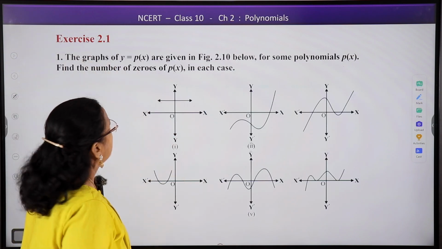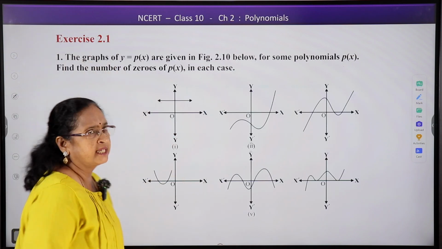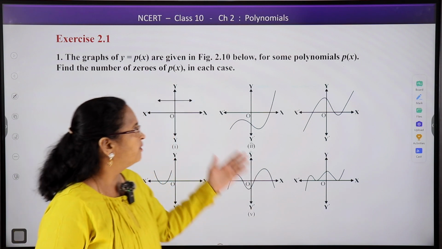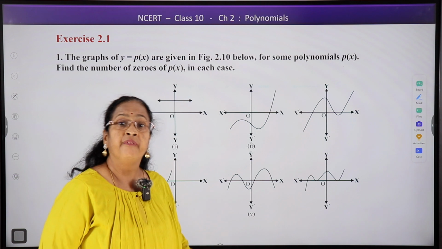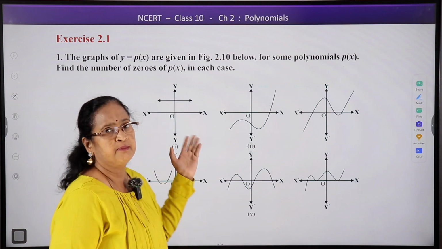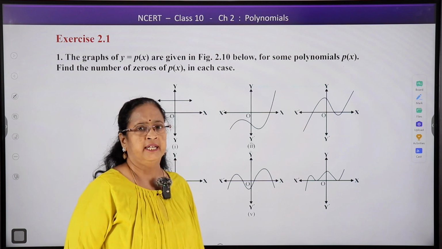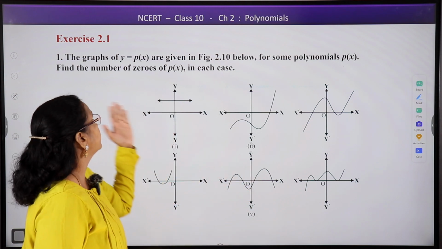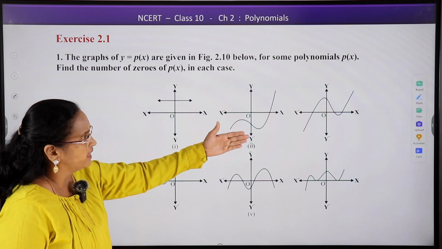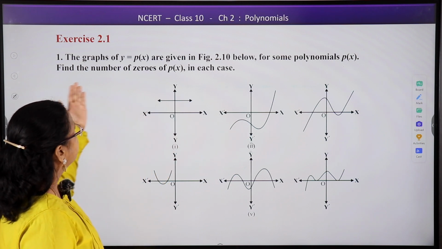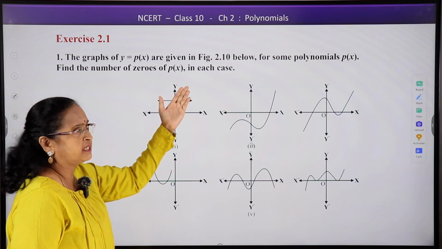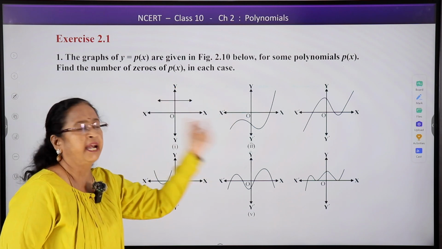All right, now we come to the exercises. After we finish the whole of the examples, which are the guidelines to solve the sums given in the exercise, we now come to exercise 2.1, where the graphs are given and we need to find the number of zeros of the polynomial p(x) in each case.